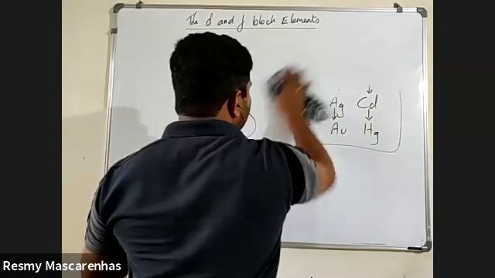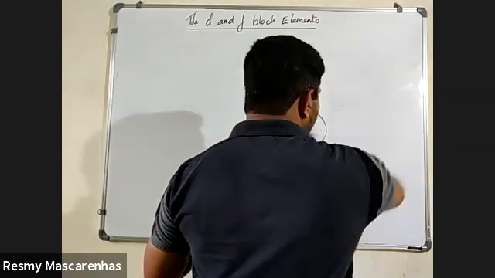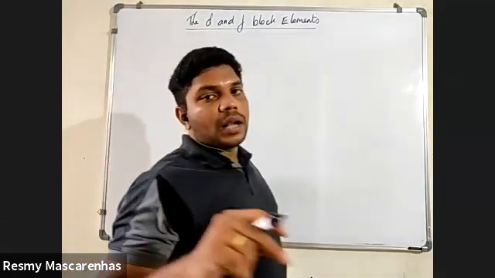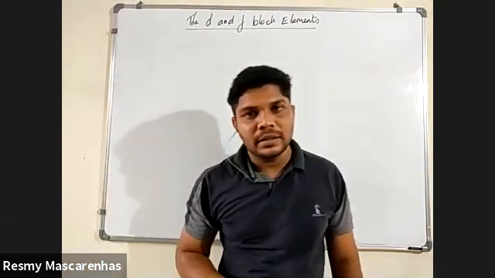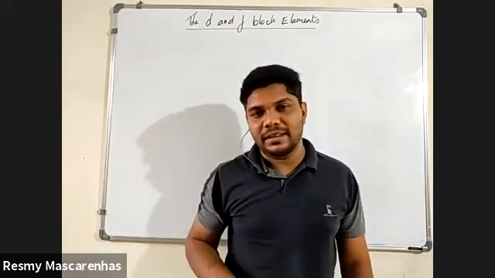Now all transition elements are metals. Am I right? The statement is correct or not? Yes, sir. Very good. So all are metals. That means all are having metallic character. What is meant by metallic character? Which characters are called metallic characters?